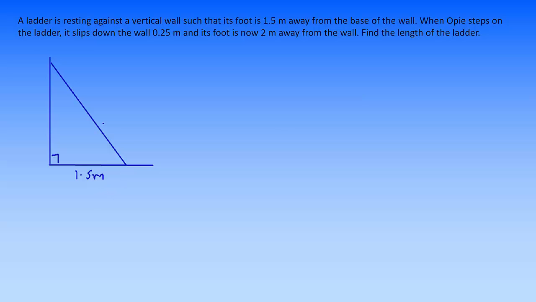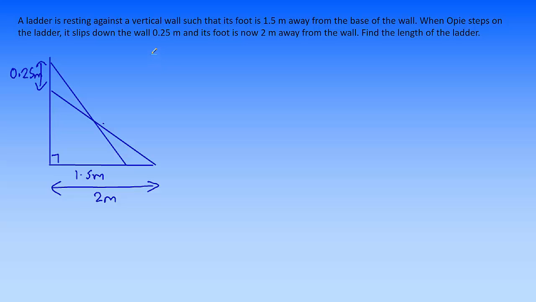So he steps on it and slides down a bit, so we get something like that. We know that this distance is now 2 metres, and this small distance up here was 0.25 metres.